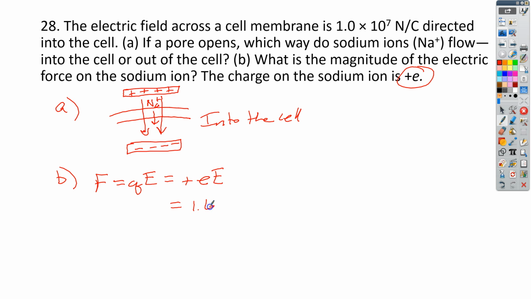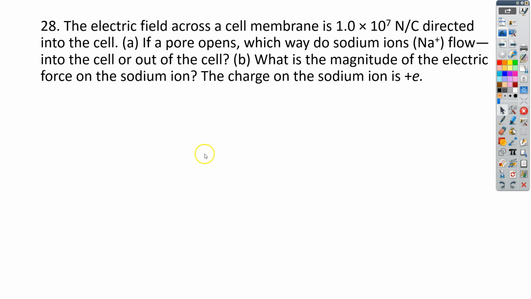So for this, it's going to be 1.602 times 10 to the -19th coulombs. And we're going to multiply that times our field strength, which is 1 times 10 to the 7th newtons per coulomb. And when you're done, you're going to end up with a force of 1.6 times 10 to the -12th newtons. And do notice that it says it just wants magnitude, so we don't have to worry about direction in this problem. And that is number 28.